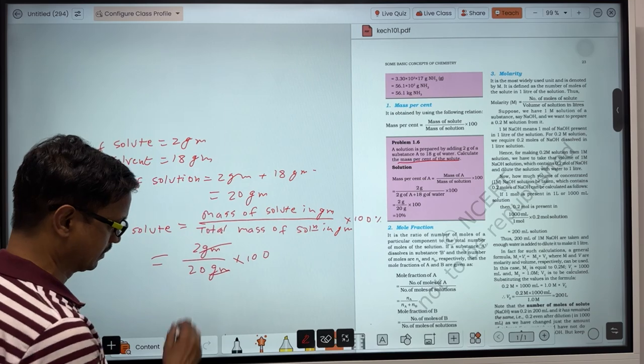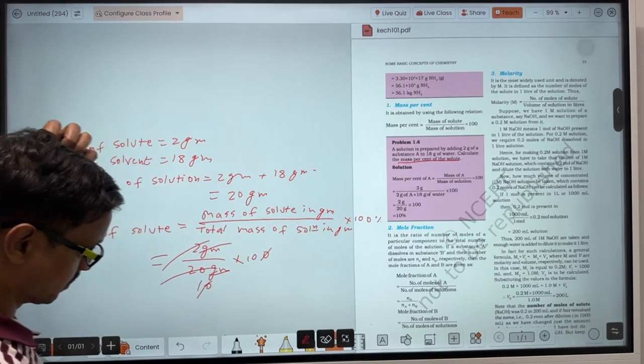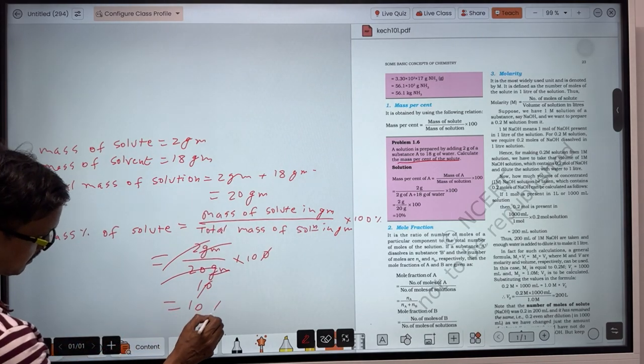Gram cancels out. 2 divided by 10, that is 10. So mass percentage of solute will be 10%.